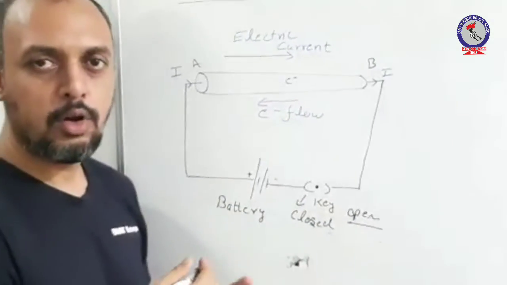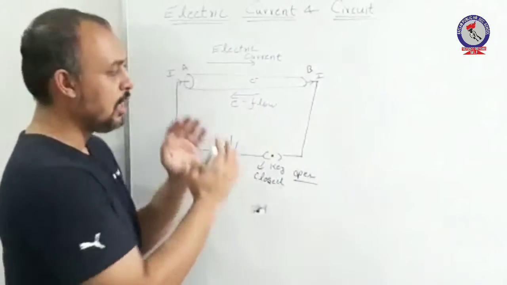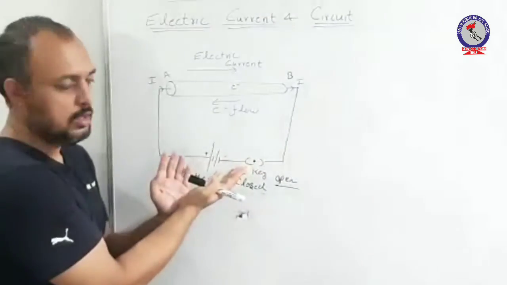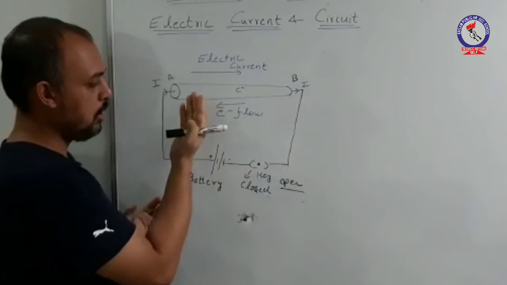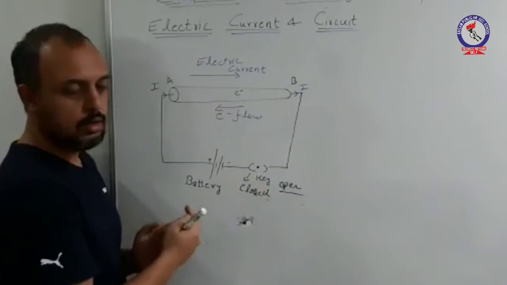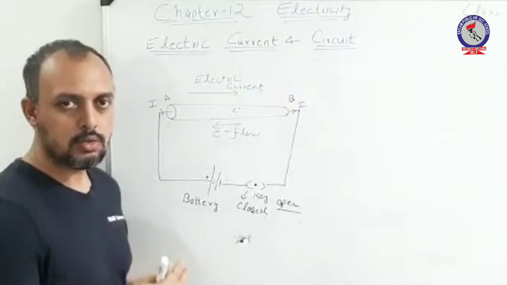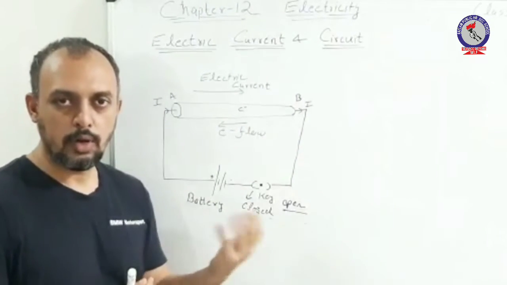So the example of circuit which we were discussing in the previous case can also be understood by a combination of these few elements. Again, I am going through it: a battery, a conductor AB and a key. Open and close switch we have just gone through. Now we will understand the concept of how we take an electric current to flow in any conductor.